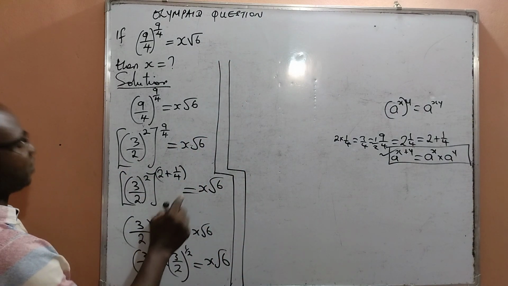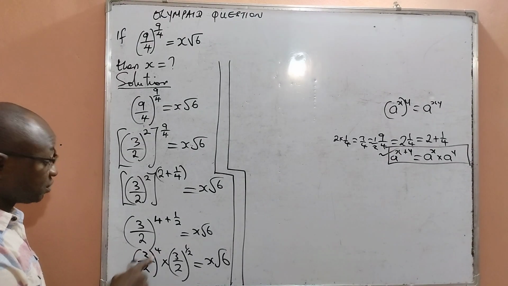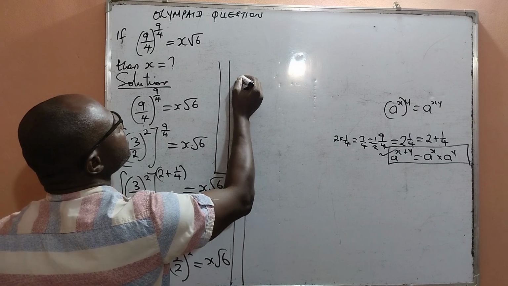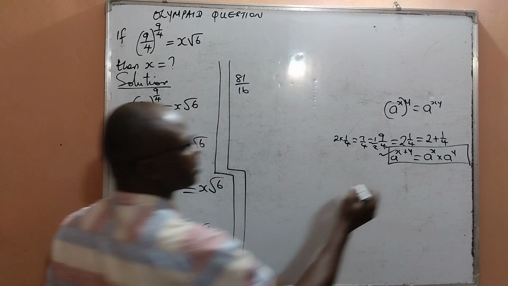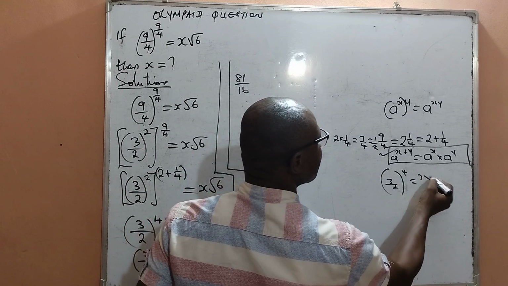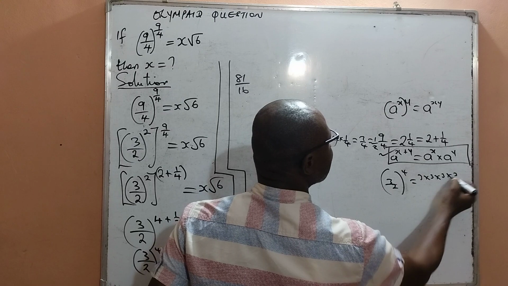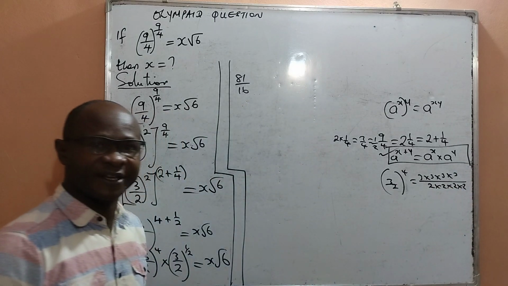(3/2) raised to the power 4 is the same thing as 81 all over 16. How? (3/2) to the power of 4 means 3 multiplied by 3 multiplied by 3 multiplied by 3, all over 2 multiplied by 2 multiplied by 2 multiplied by 2, four times each.